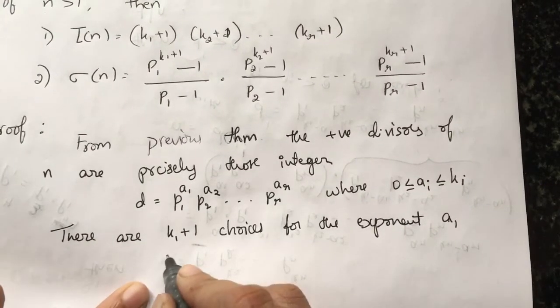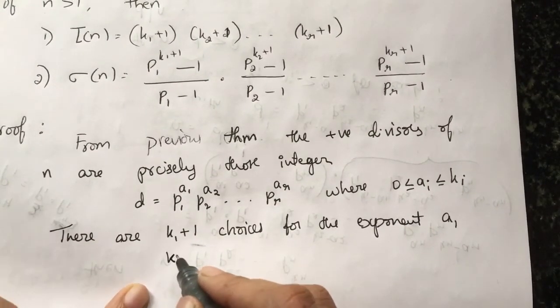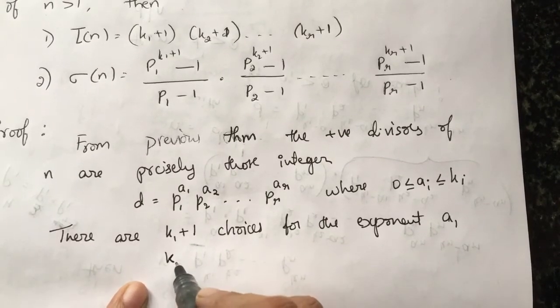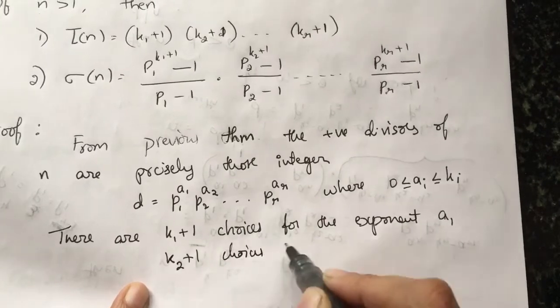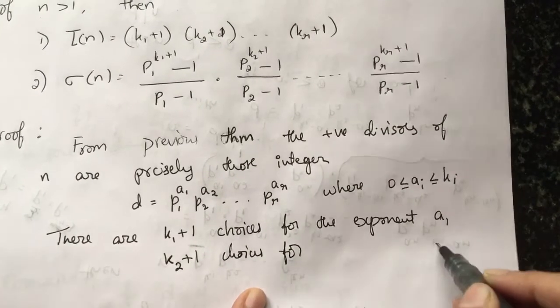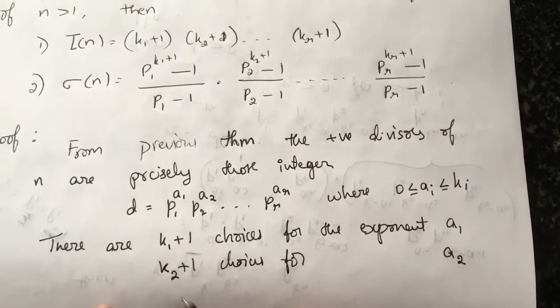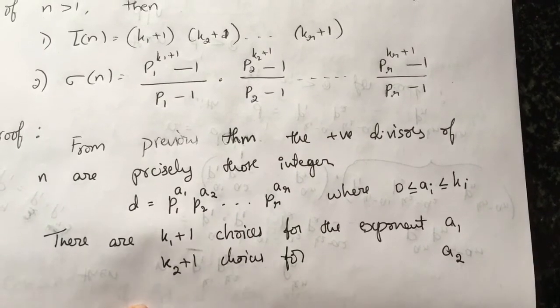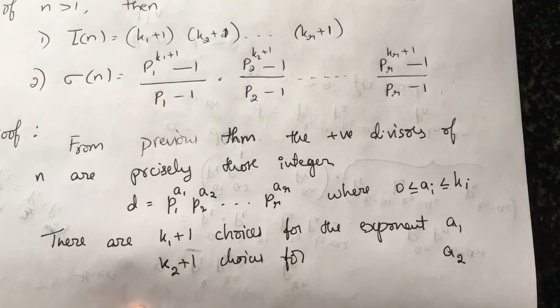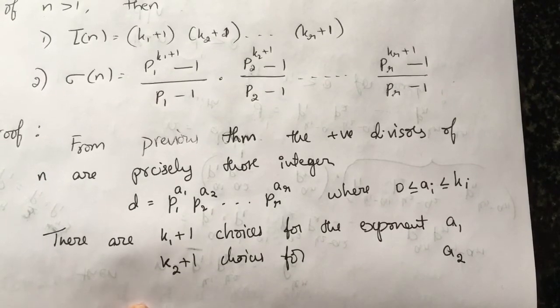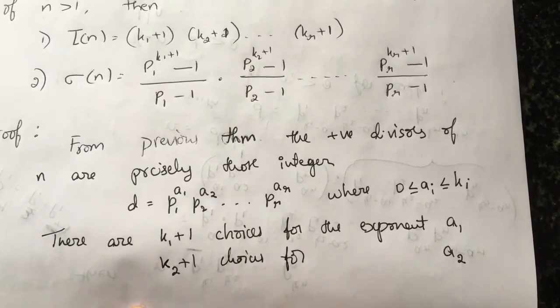Okay, similarly, k2 plus 1 choices for the exponent a2, right? Means ai can be equal to ki or can be equal to 0. Therefore, ki plus 1 choices for each ai, right?